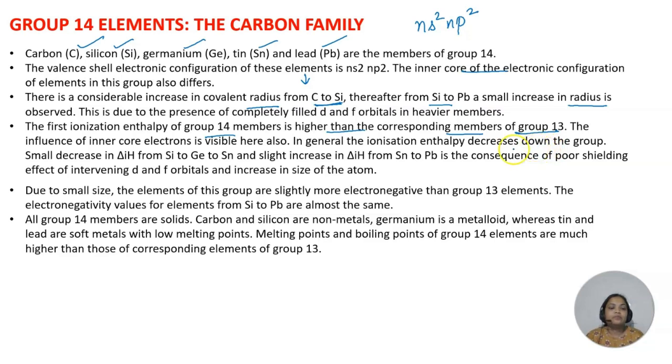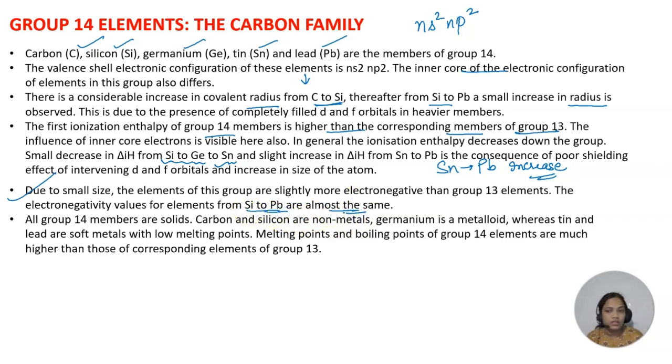A small decrease happens from silicon to germanium to tin, but from tin to lead there will be a slight increase. That is an anomalous behavior. Why is it happening from tin to lead? Because of the poor shielding effect of d and f orbitals. Then due to small size, the elements are more electronegative than group 13 elements, and electronegativity values for silicon to lead are almost the same.